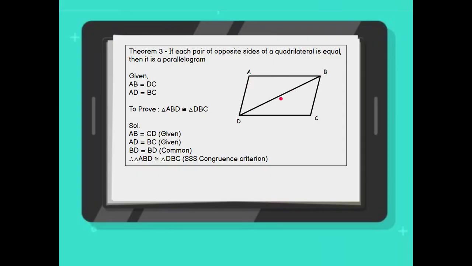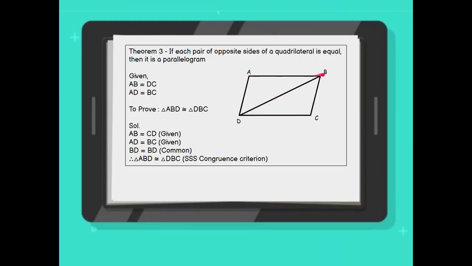So when both the triangles are congruent, I can say that angle ADB is equal to angle DBC, and if they both are equal, they both are alternate interior angles. When alternate interior angles are equal, two lines are parallel.